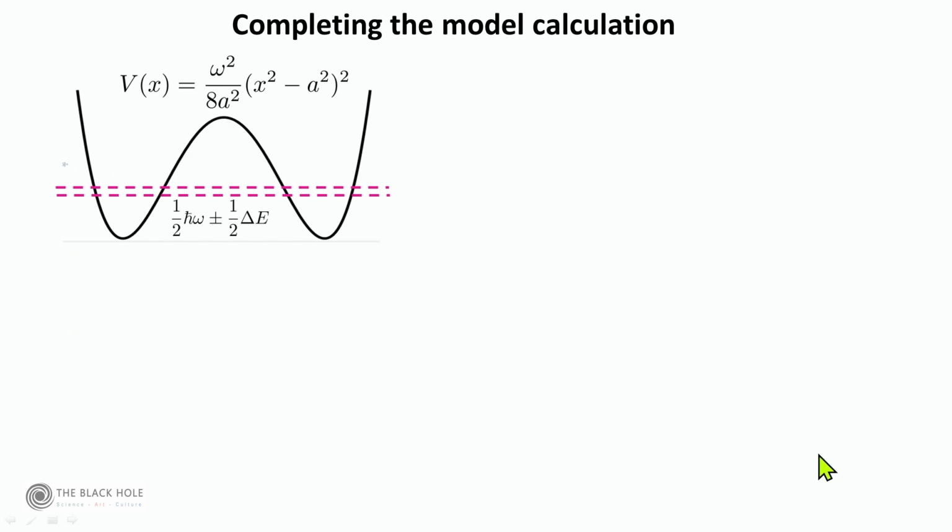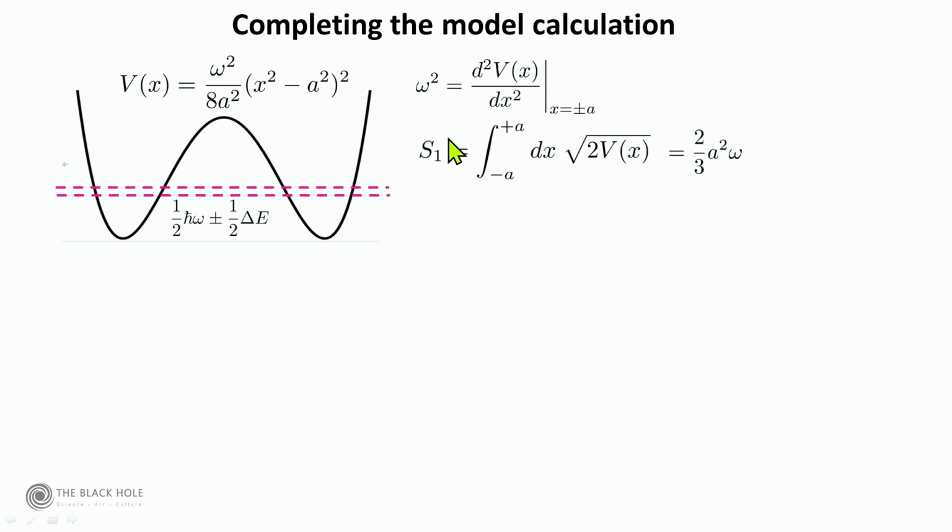My final slide will be this. Suppose your V of x was this model potential, x squared minus a squared, squared. Then here are the two states, positive parity, negative parity, and omega squared, of course, you just take the second derivative of this, that is omega squared.